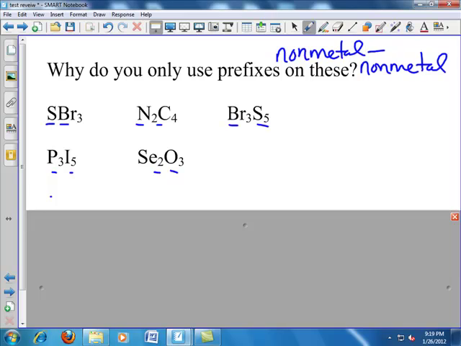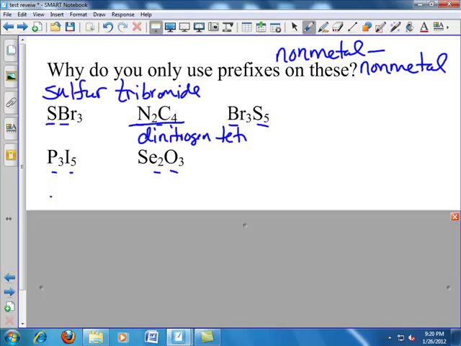If you want to pause the vodcast and take a moment and name these, that would be a good idea. I'm just going to write the names out right now. You can even name them in your head right before I do. This first one is sulfur tribromide. The second one is dinitrogen tetracarbide.